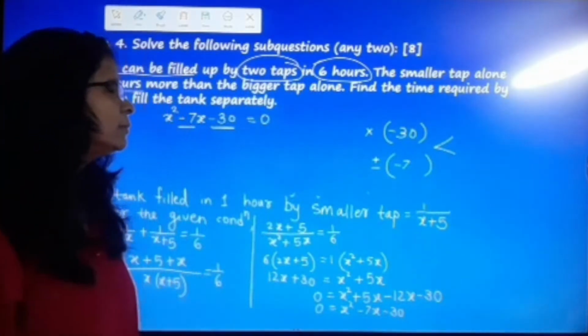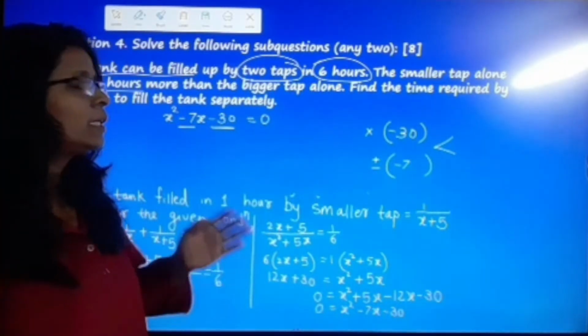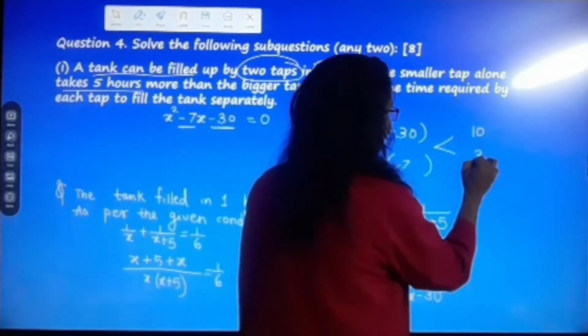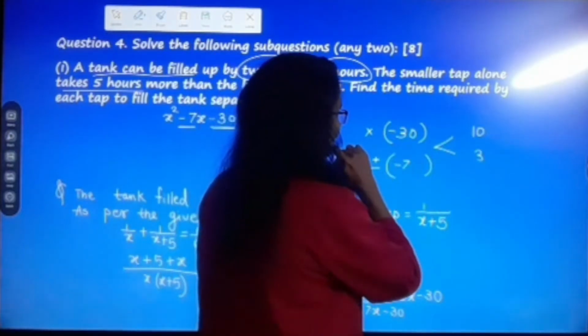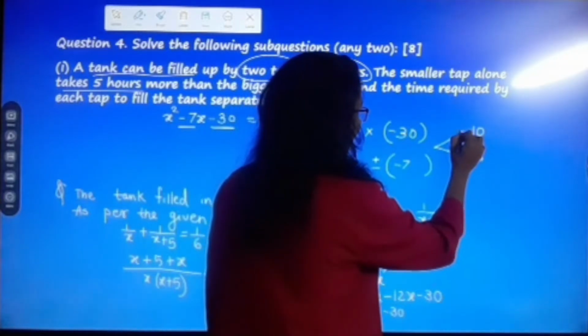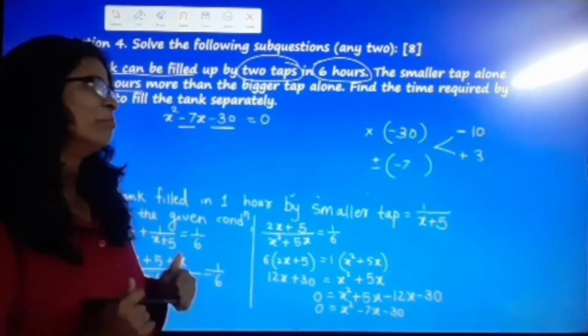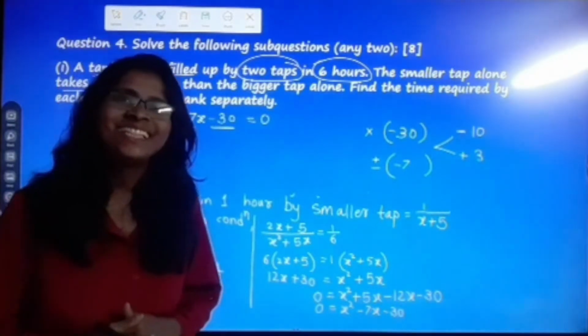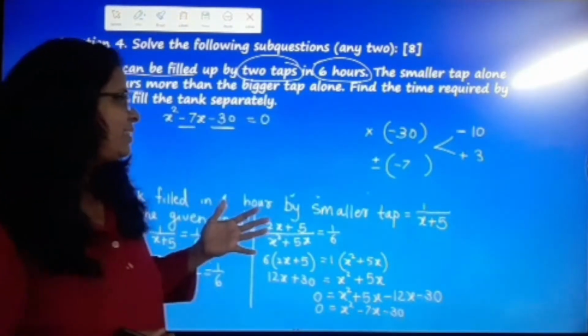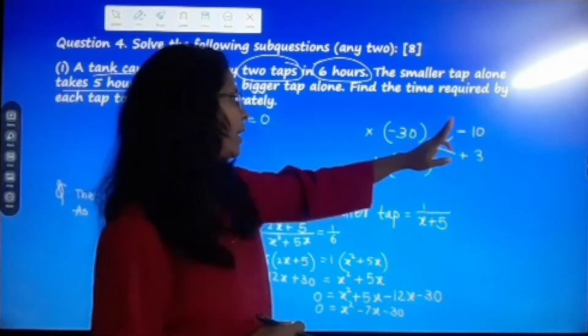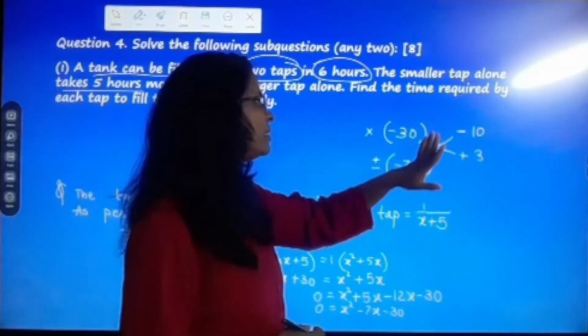Minus 10 and positive 3. Yes, I got these numbers. These are the two numbers, minus 10 and plus 3. So minus 10 plus 3 means minus 7, and minus 10 multiply 3 means minus 30.